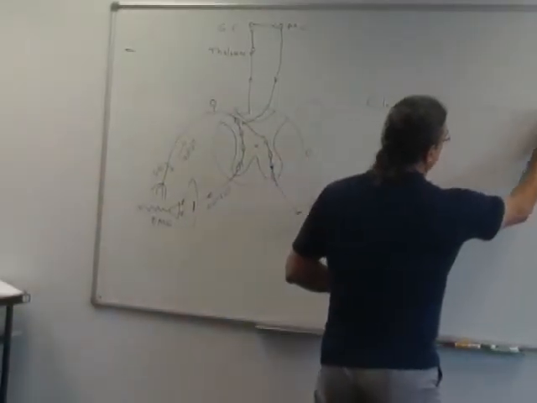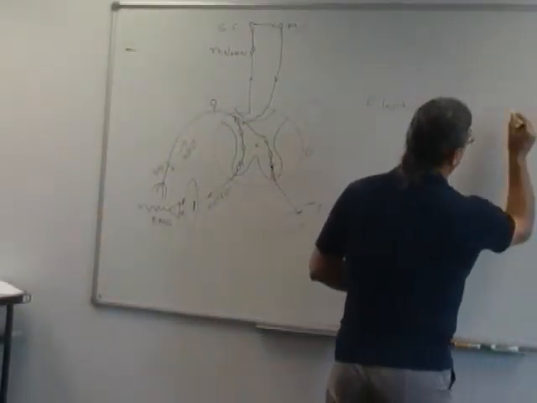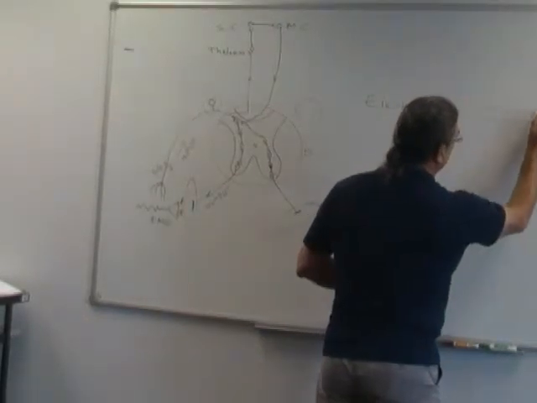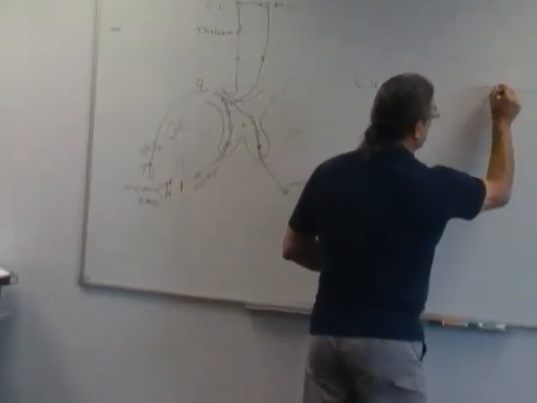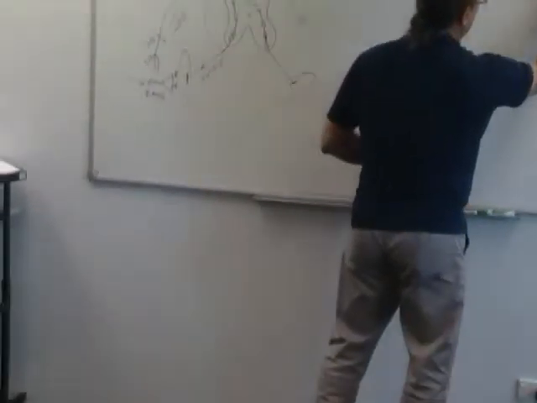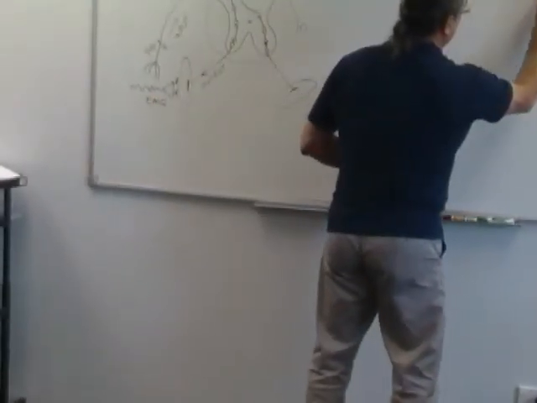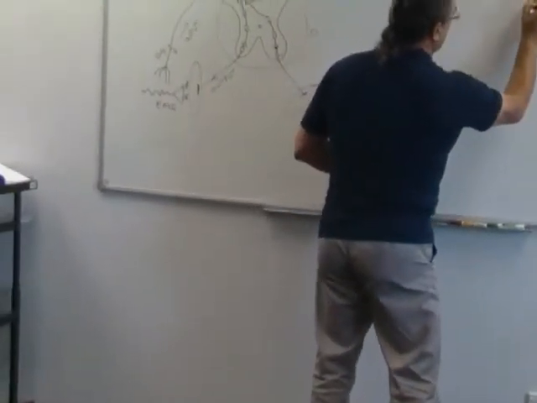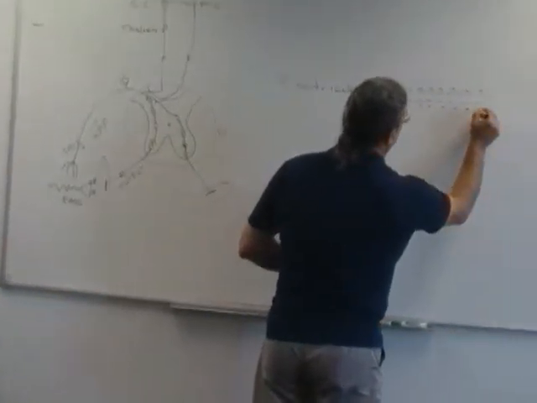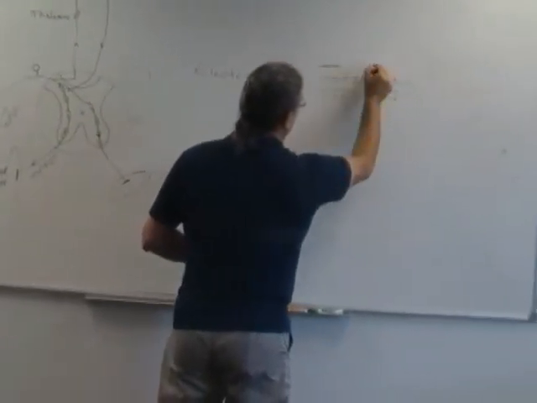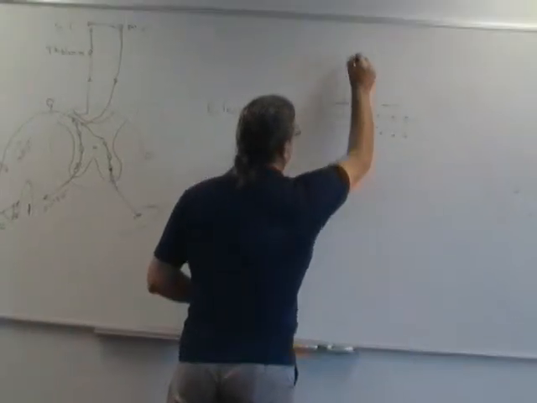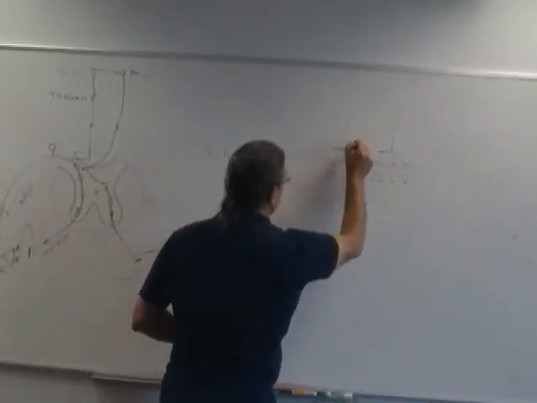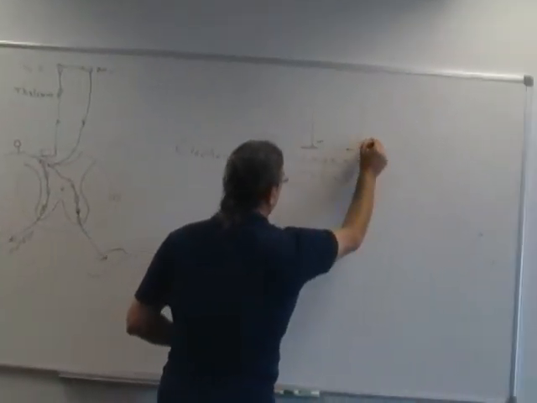So this is the nerve, and the nerve has inside negative, outside positive, as you know, the membrane potential. So this side is the same. If I put cathode and anode on top of it, this is cathode, this is anode.